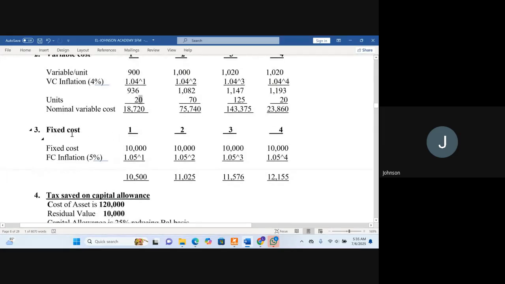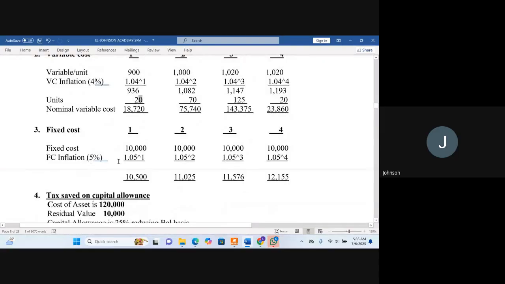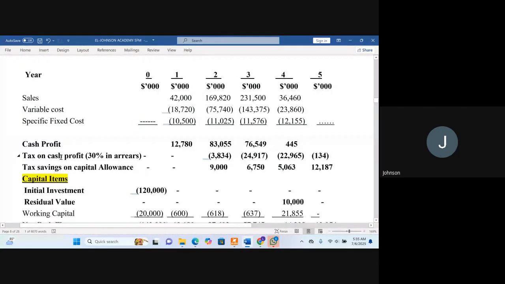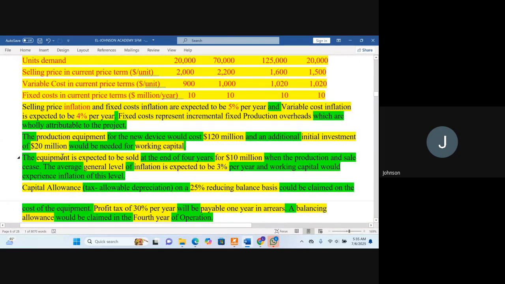Now for fixed cost, let's check what the inflation rate is. The inflation rate for fixed cost is the same as the one we are using for our selling price, so it's 5%. Let me go and check where our fixed cost is.